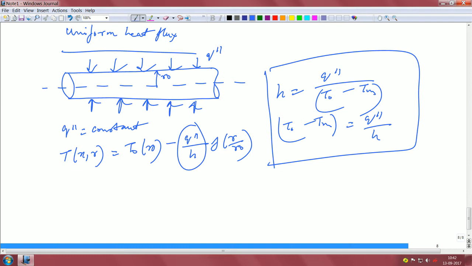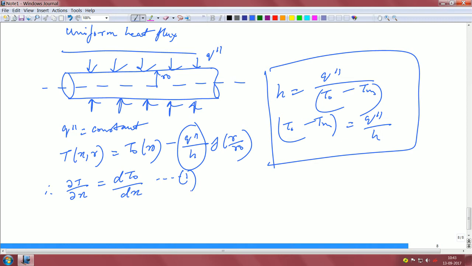Therefore, dT/dx should be equal to dT naught/dx. When you differentiate with respect to x, Q double prime is a constant and this function is a function of r only, so the second term just vanishes. This is the first quantity that you get.